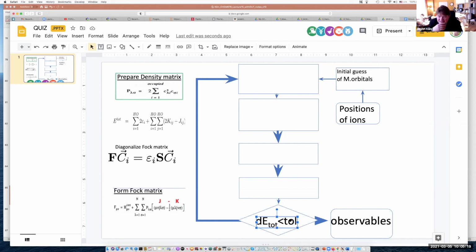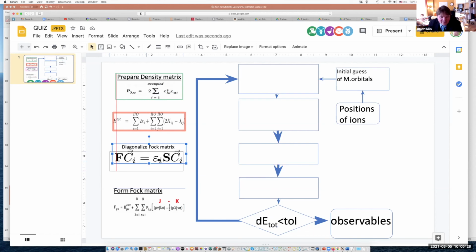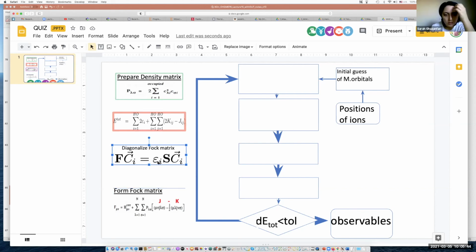Were you able to connect to this? And you just take something and move it, drag and drop, like take and move, take and move. Which box are you trying to move, Lola? I'm trying to move the diagonalized Fock matrix, the second to the last one.